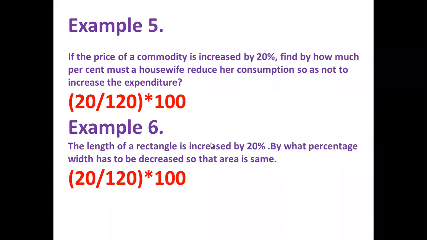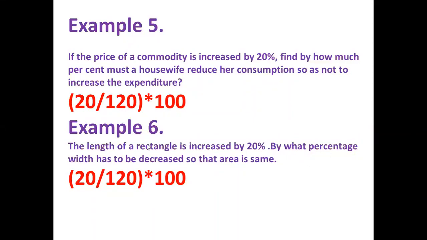Like the length of a rectangle is increased by 20%, so by what percentage must the width be decreased so the area is the same? If you try to solve this sum by the normal method, it will be quite lengthy. First of all, you will be finding the new area and old area, then you will take the difference, new area minus old area, into 100. That will take a long time.